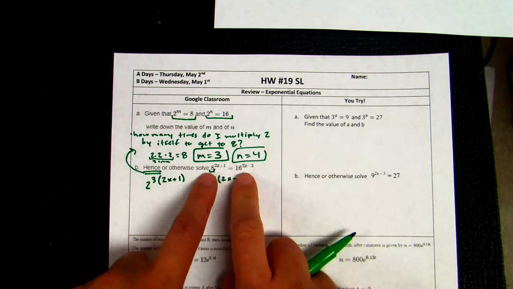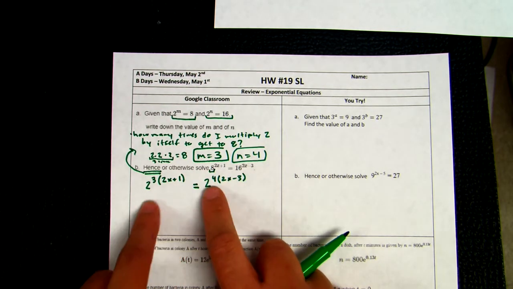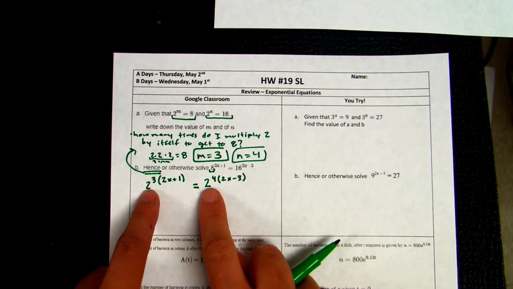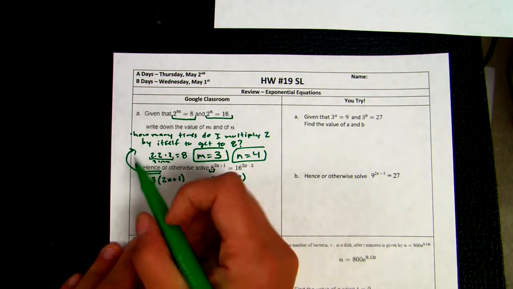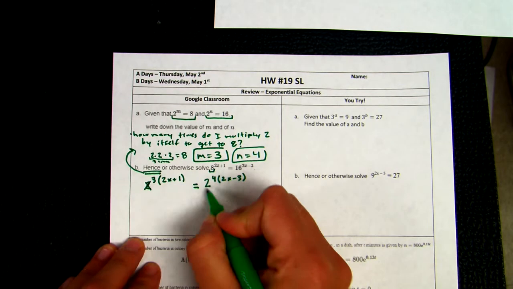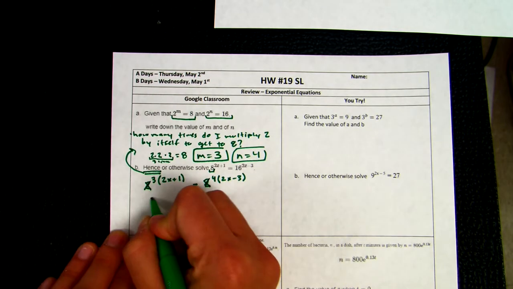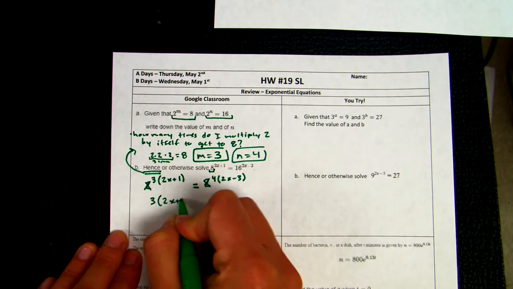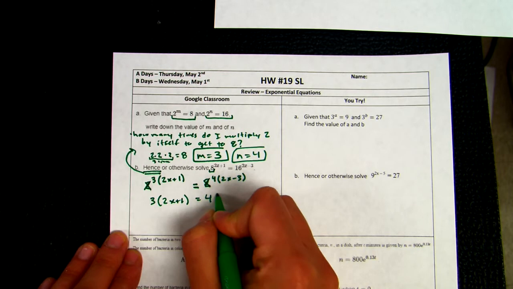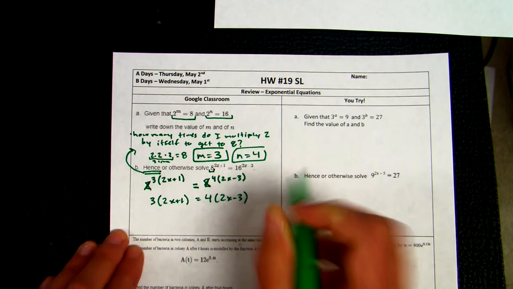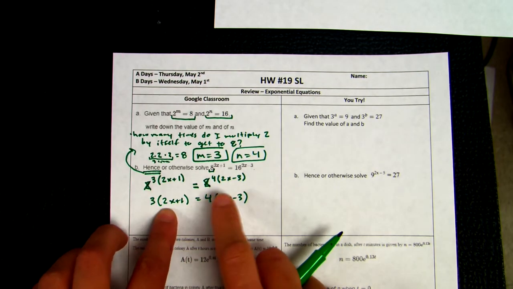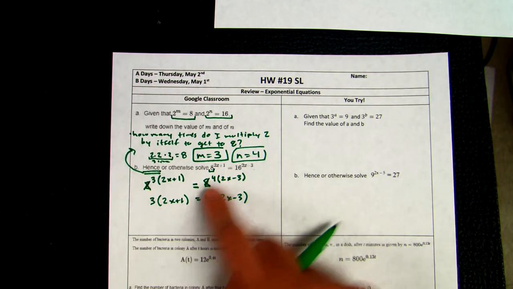This is exactly the same equation, but now my bases are in common. If I have the same base, I can cancel them out. So I can cancel out this 2, and this 2, and I'm left with 3 parentheses 2x plus 1 is equal to 4 parentheses 2x minus 3. This is a much easier equation to solve because we could cancel out our like bases.